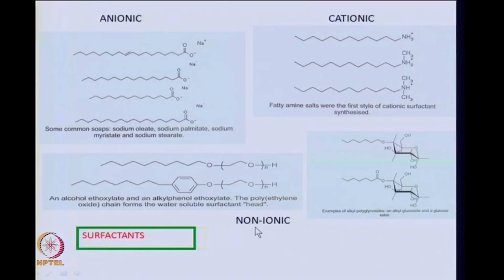You can have non-ionic surfactants like this molecule where you have a head group which is non-ionic, but it has some affinity for water, and this is the hydrocarbon chain which has affinity for oil or non-aqueous medium.